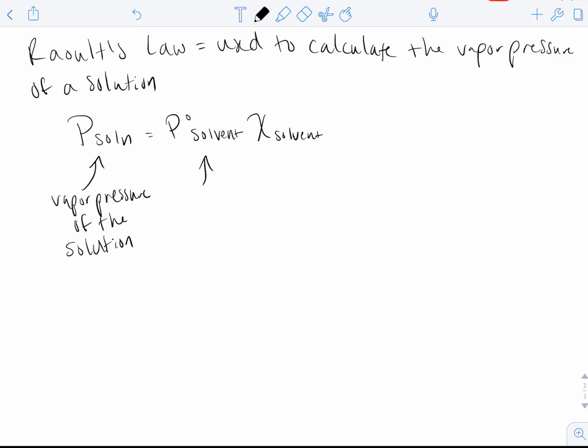Our P naught of the solvent is our regular equilibrium vapor pressure for our solvent, or the vapor pressure for the pure solvent. And then chi is the mole fraction of the solvent in the solution.